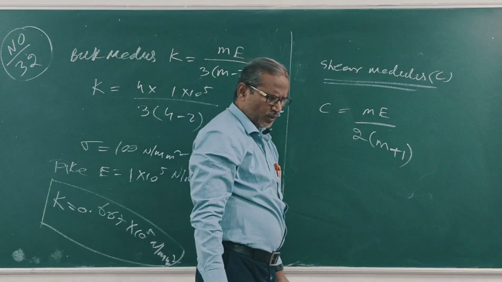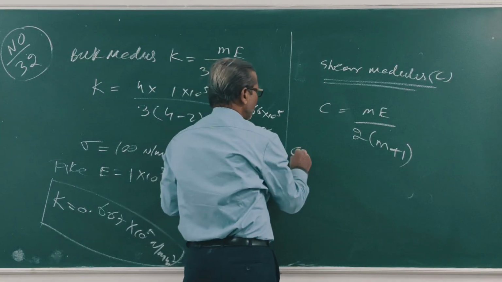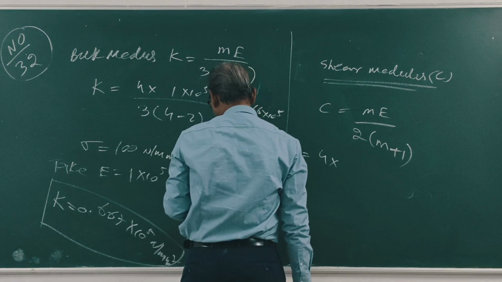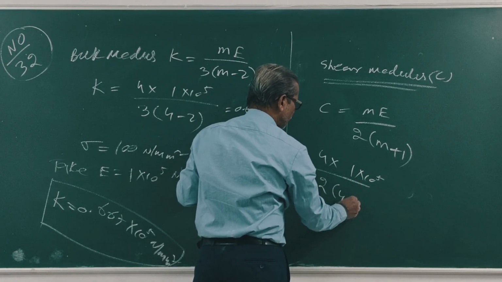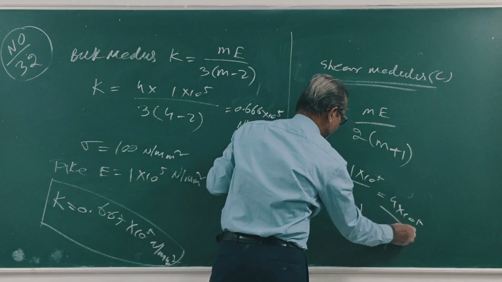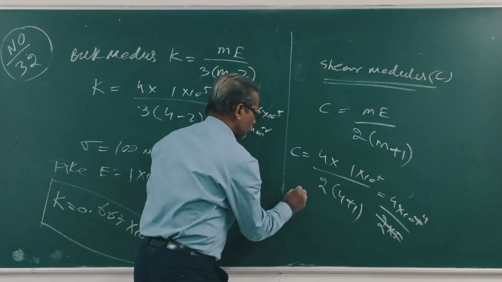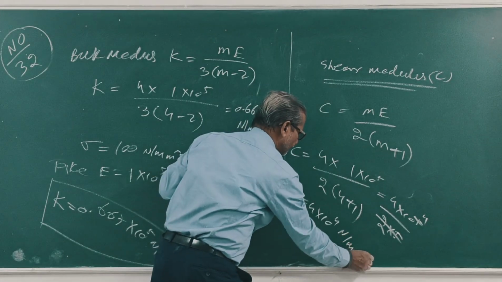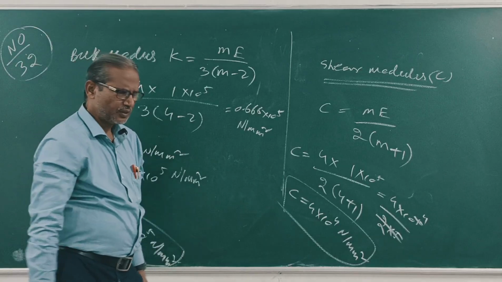C is equal to ME by 2 into M plus 1. What is C? M is 4 into E, 125 by 2 into 4 plus 1, which is 4 into 25 by 2 into 5, 10. So 10 cancels out. So C is equal to 4 into 25 Newton per mm square. This is shear modulus. Clear?